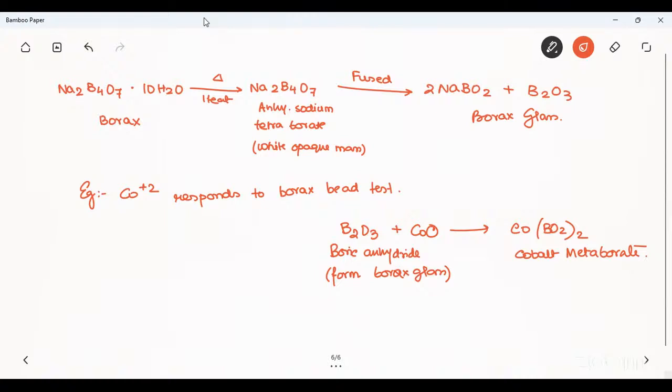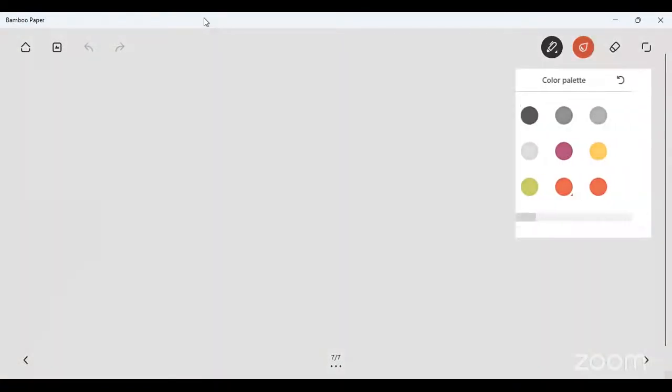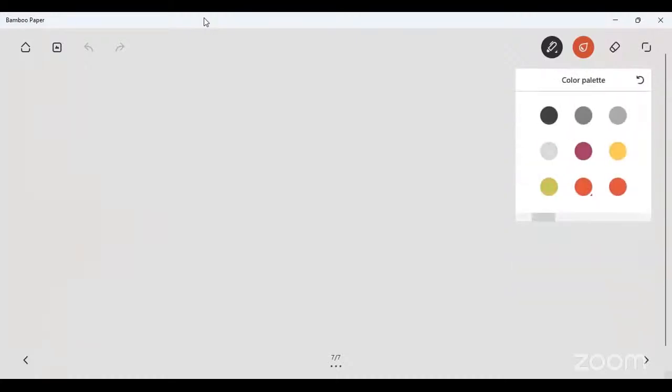I don't know, there may be two papers, so that is the reason two different sets were present. Let's move to the next part.